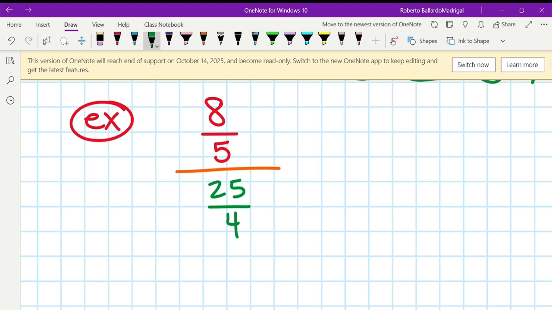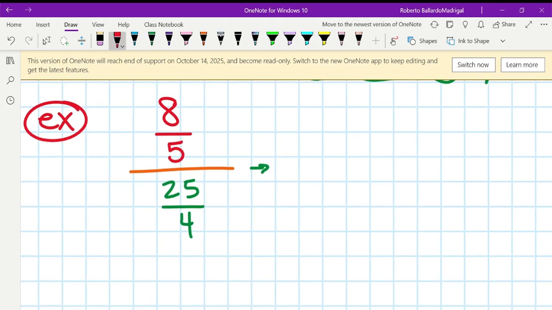So how can I rewrite this? I want to do the first step, following the general approach. I want to change this. Instead of leaving it as a fraction, I want to write it with the symbol for division. So what do you guys think is going to happen as I begin to rewrite this? What should I write next?